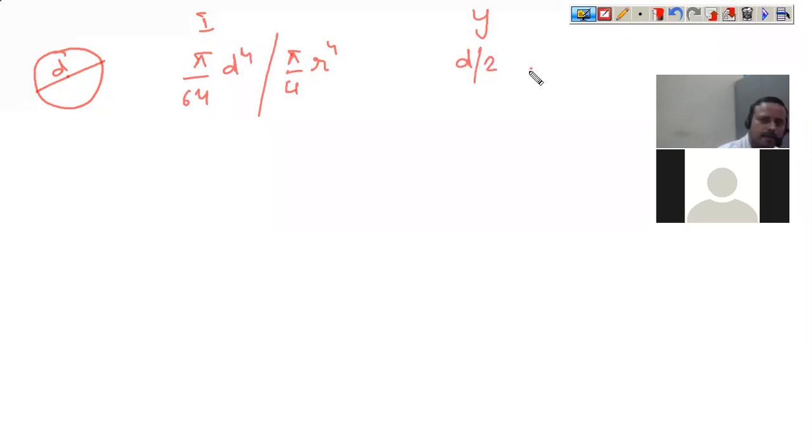This is the maximum distance from the centroidal axis or neutral axis in the case of straight beams.